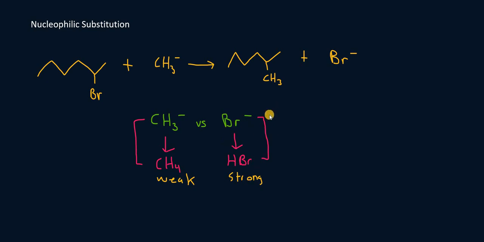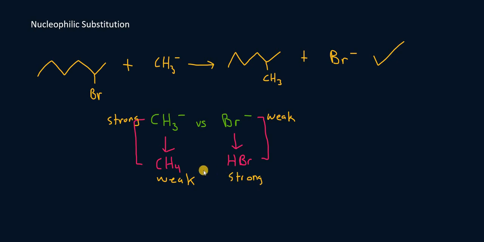If we have a really strong acid, that means our base is going to be weak. And if we have a weak acid, that means our base is going to be strong. So therefore, CH3 minus is a stronger base than Br minus. So because the nucleophile is stronger than the leaving group, yes, this reaction would move forward. In general, CH3 minus is a really good nucleophile.